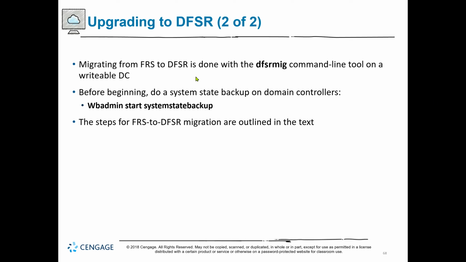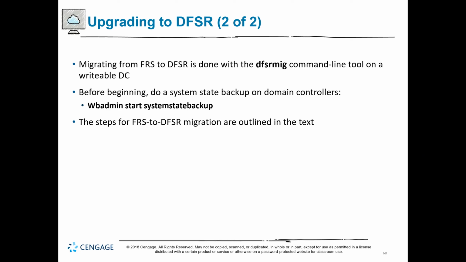Migrating between them is done with the DFSRMIG command line tool on a writable DC. Before beginning, do a system state backup, and I highly recommend this when you're doing anything, not just this. If you're doing a big change that you think could cause any problems, do a system state backup.